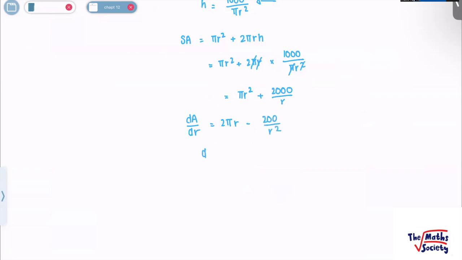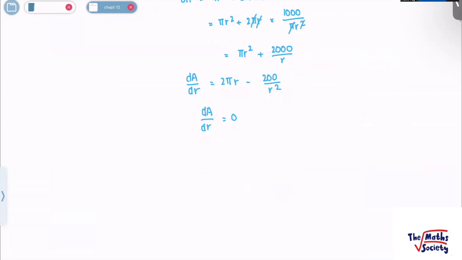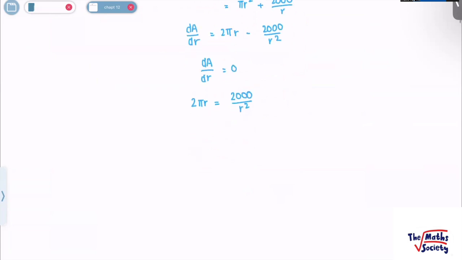We know dA by dr is going to equal 0, so 2 pi r equals 2000 by r squared. If you multiply, r cubed equals 1000 by pi.